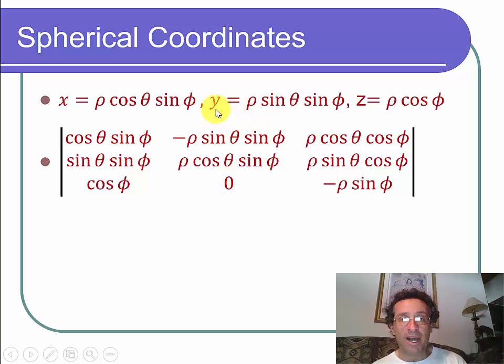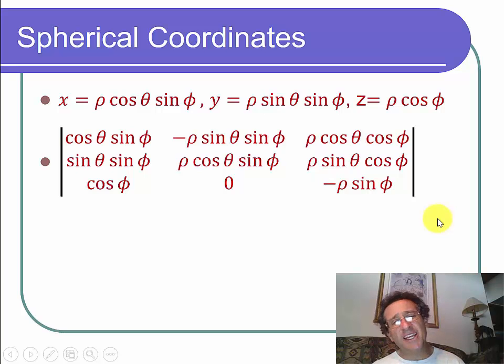The partial derivative of y with respect to theta is rho times cosine theta times sine phi. And the partial derivative of y with respect to phi is rho sine theta cosine phi. Finally, the partial derivative of z with respect to rho is just cosine phi. The partial derivative of z with respect to theta, there are no thetas in the z function, so you just get 0. And the partial derivative of z with respect to phi is negative rho sine phi.